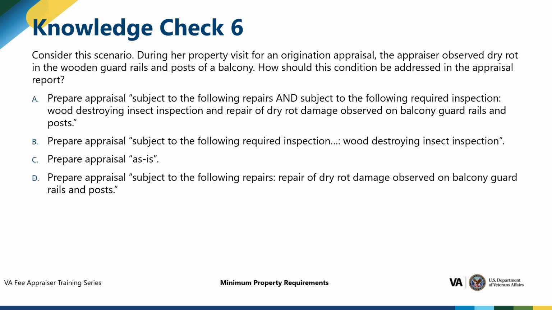B. Prepare appraisal, subject to the following required inspection: wood destroying insect inspection. C. Prepare appraisal as is. D. Prepare appraisal, subject to the following repairs: repair of dry rot damage observed on balcony guardrails and posts.